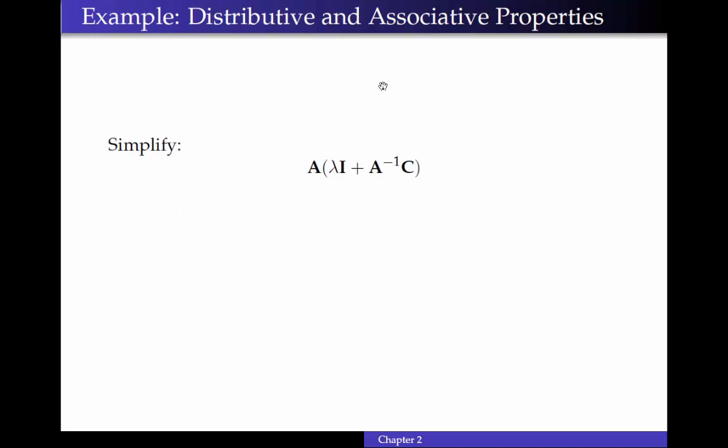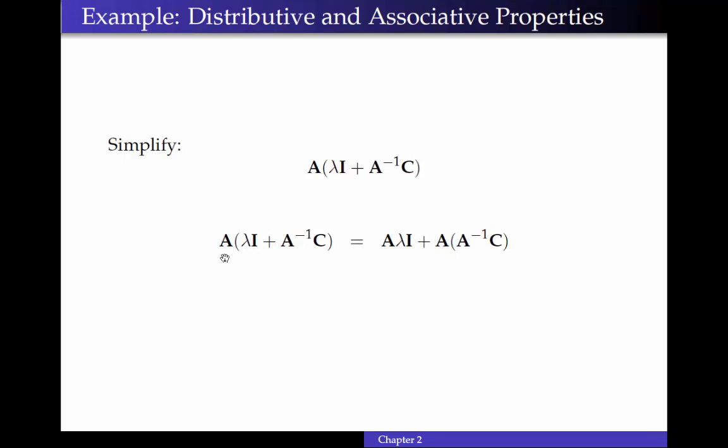So let's use those properties just to simplify some linear algebra expressions. Here I have a matrix A, and I'm multiplying it by this quantity in parentheses: lambda, which is a scalar, remember, times the identity matrix, plus A inverse times some other matrix C. Okay, so the first thing we can do is use the distributive property.